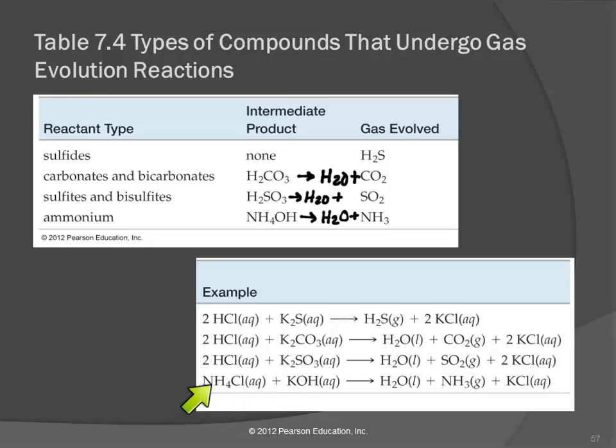When we switch partners, we get ammonium and hydroxide together, and potassium and chloride together. Ammonium hydroxide is one of these that falls apart. So instead of writing ammonium hydroxide as the product, we write water and ammonia. And Mastering Chemistry is going to care about those state symbols. Water's a liquid at room temperature, and these four compounds here are gases.